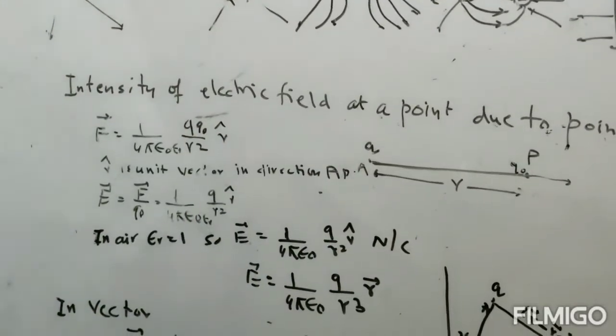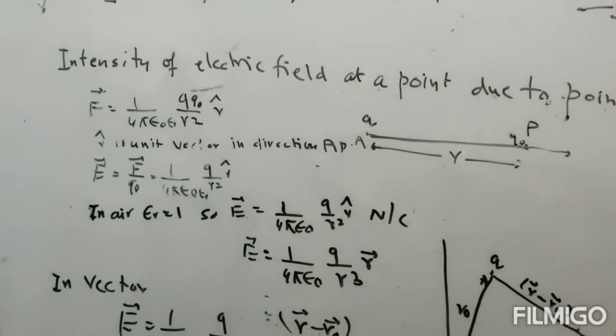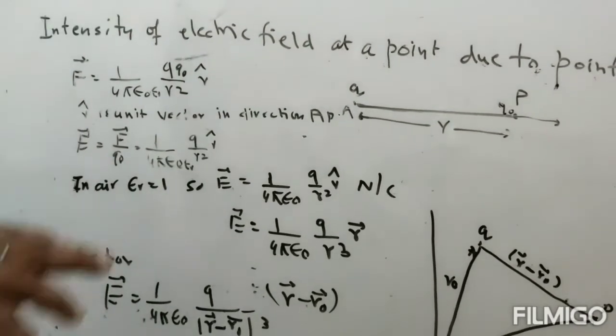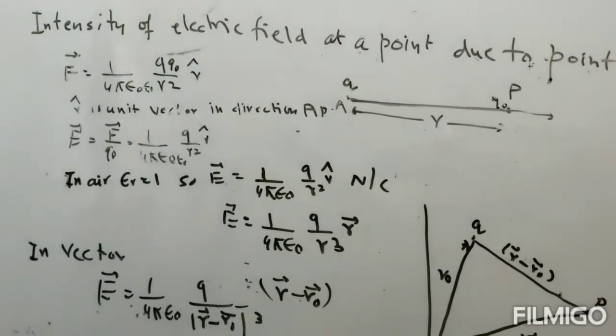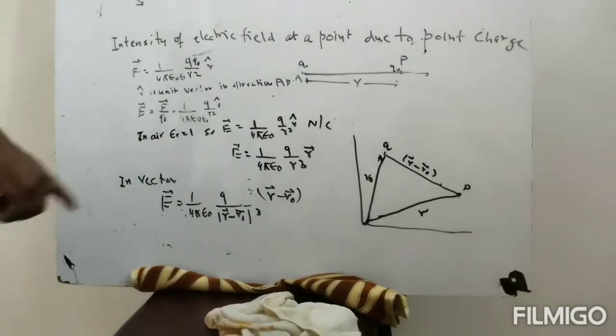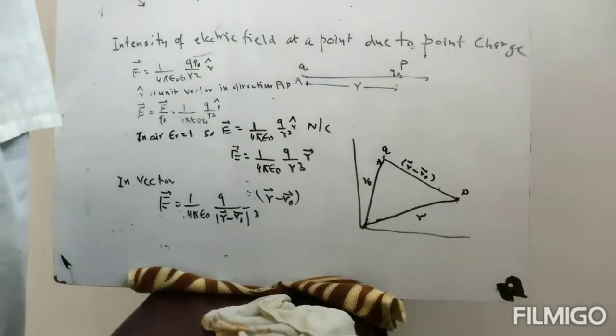Therefore the electrical field at the point P will be equal to 1/4 pi epsilon 0, Q by R square into R cap. We can also write this in vector form. We can also find the electrical field intensity at any point.